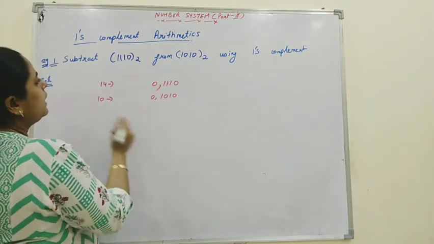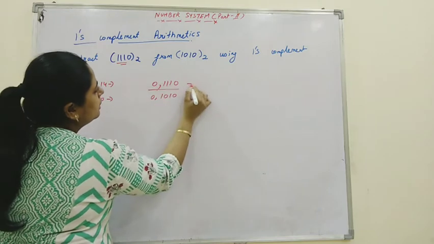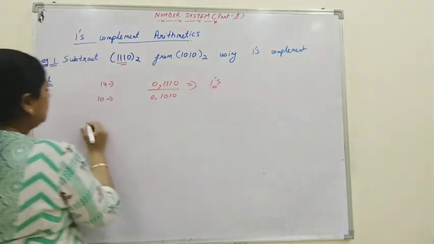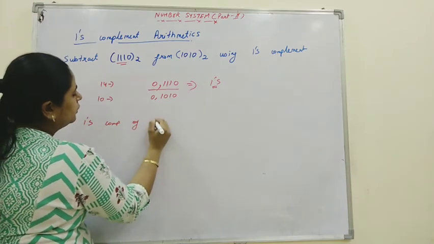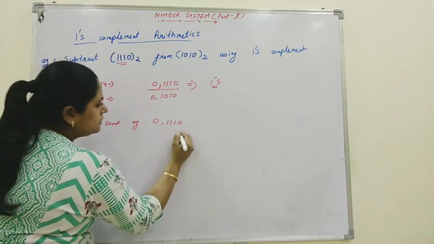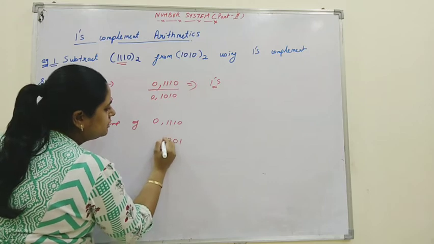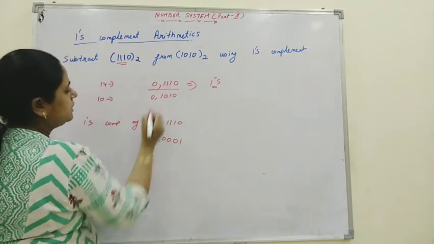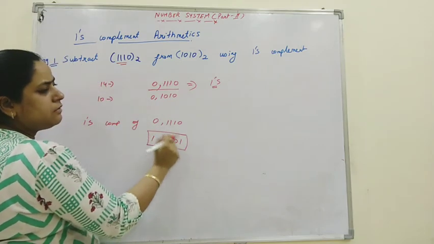Now we have to find the ones complement of which number? Of this number. How will we find it? The ones complement of 0, 1, 1, 1, 0: 0 will change into 1, and 1s will change into 0, giving 1, 0, 0, 0, 1.